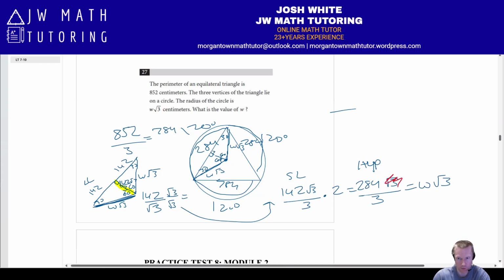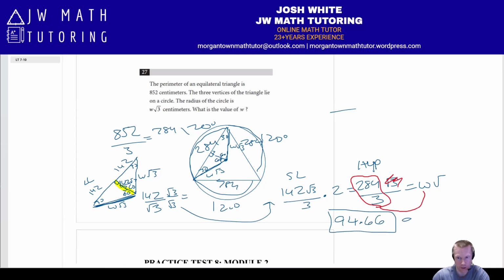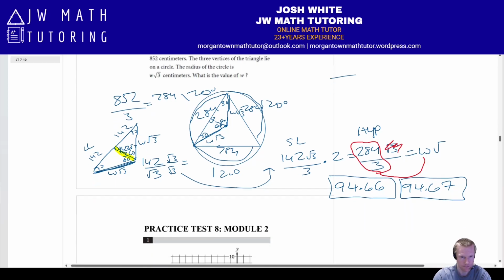Root 3 and root 3 cancel. Therefore, w must equal 284 divided by 3. So that's one way you could enter the answer, or you could enter it as a decimal, 94.66 if you truncate it, or 94.67 if you round it. Any of those three would be an acceptable correct answer.